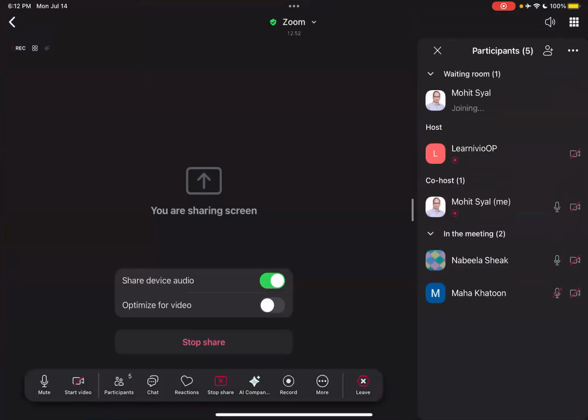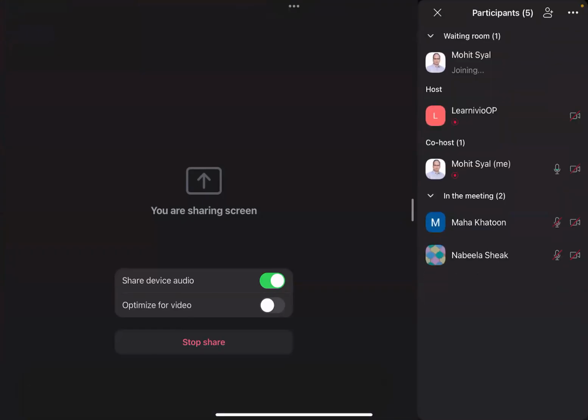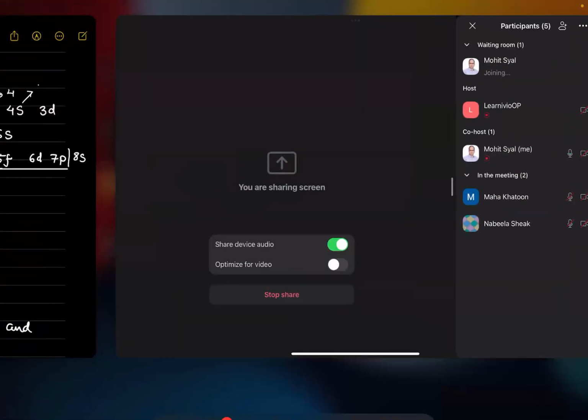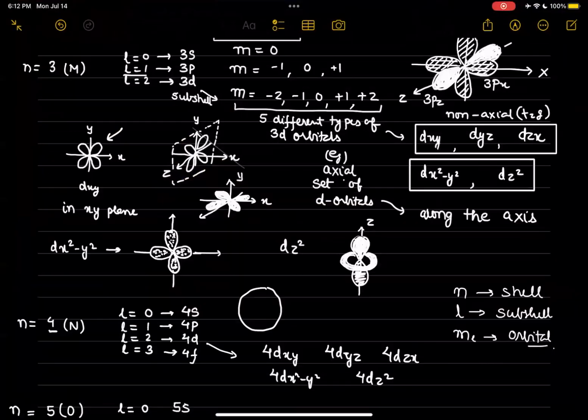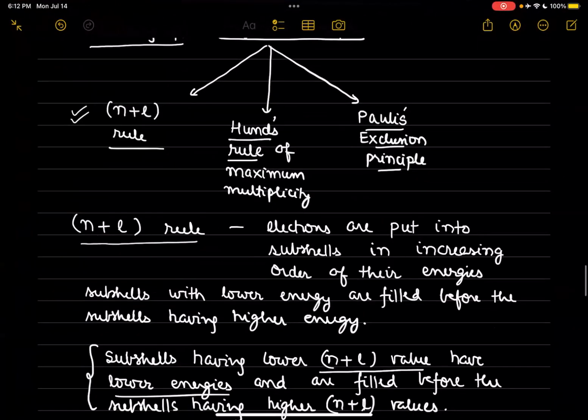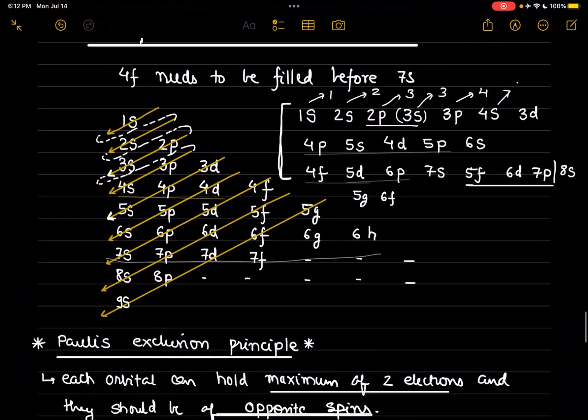If you draw them in a haphazard way, it won't work. You need to put arrows moving from the top right-hand side towards the bottom, slant arrows, cutting these orbitals diagonally, moving downward.